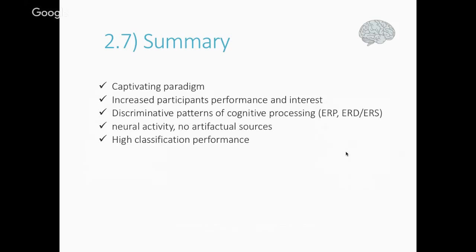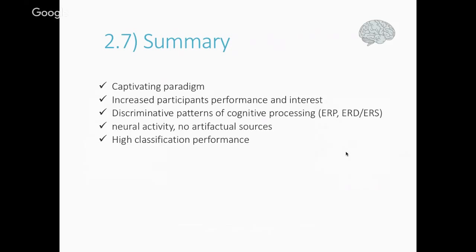Now to sum up, the stimuli turned out to be captivating for the participants, who were engaged for the entire duration of the sessions, and also expressed a good mood during the entire experiment.